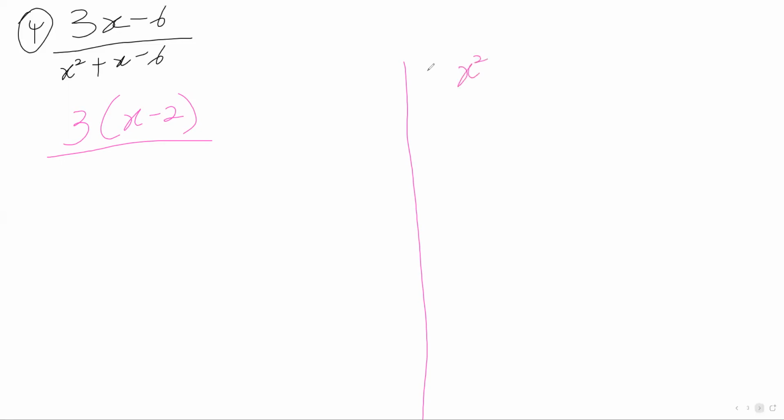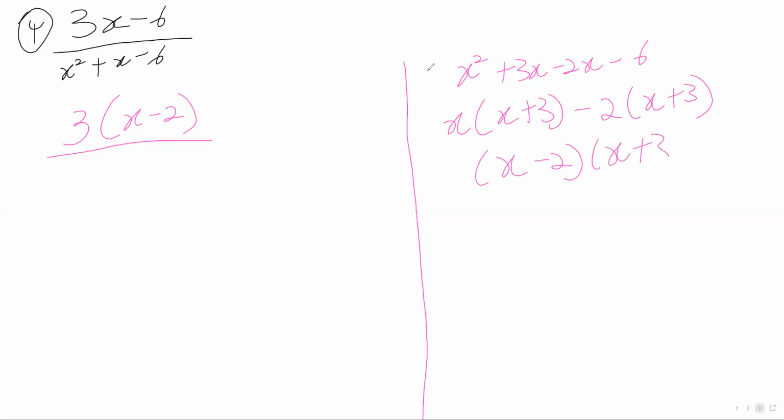Okay, so that will be positive 3x and minus 2x minus 6. All right, okay. So we can rewrite as x plus 3 minus 2x plus 3. So x minus 2 and x plus 3. Okay, so we can rewrite the denominator as, sorry, x minus 2, not x plus 2.